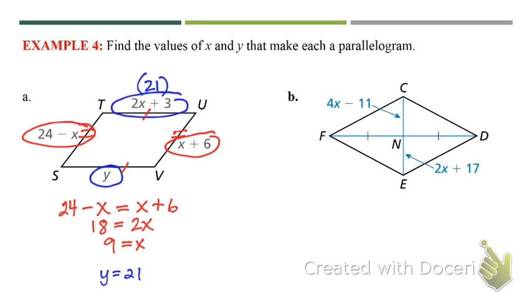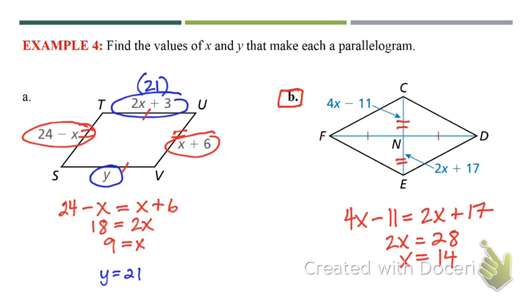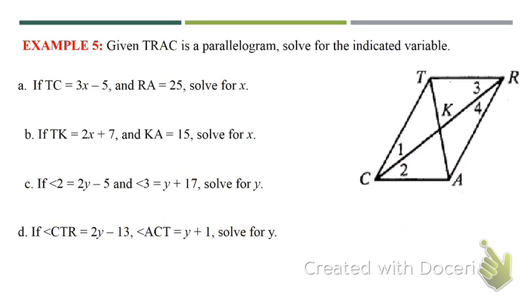In order for B to be a parallelogram, I need the diagonals to be bisecting each other. Therefore, these two segments are congruent, and I write my equation 4x minus 11 equals 2x plus 17 and solve. So try these ones on your own, pause the video, and then check your answers in a minute.